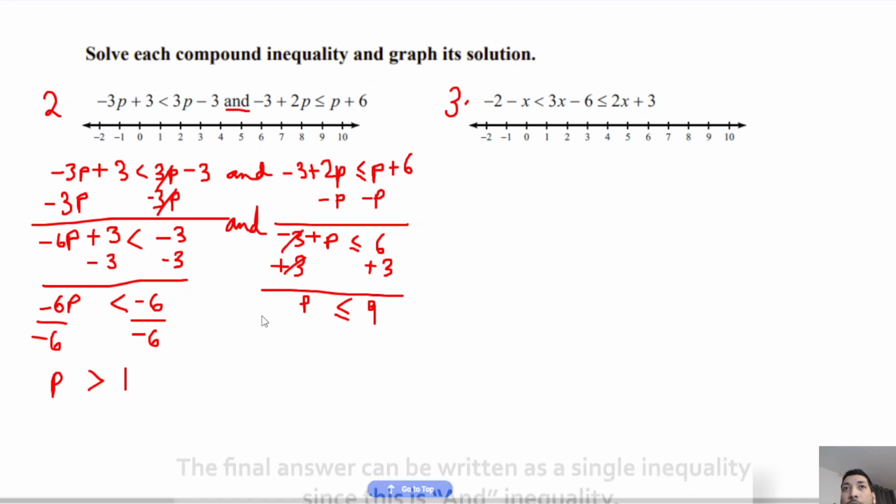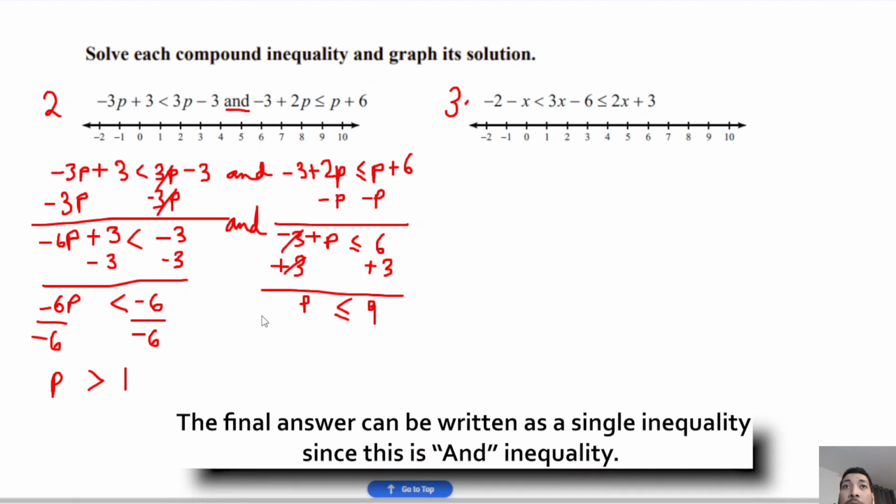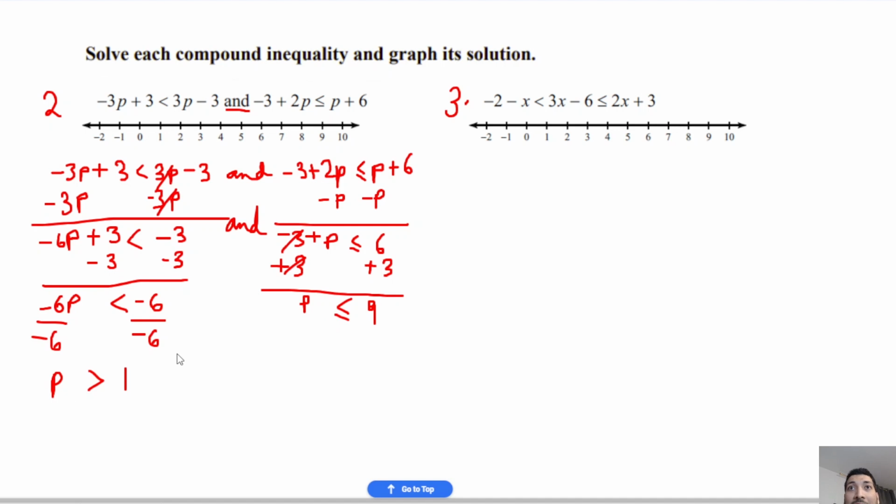Since this inequality is represented by AND inequality, we can see that there should be an overlapping region. So you can write this inequality as a single inequality. I can see that this is the minimum value, which is 1. So I just write 1 here, and then I have less than symbol.